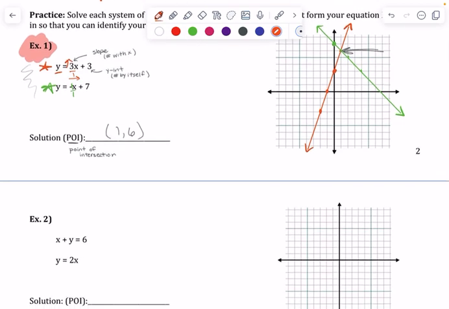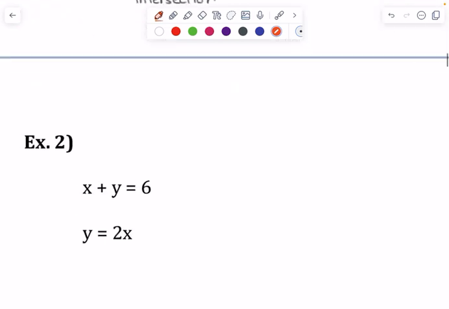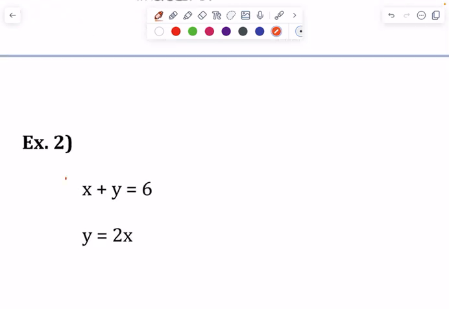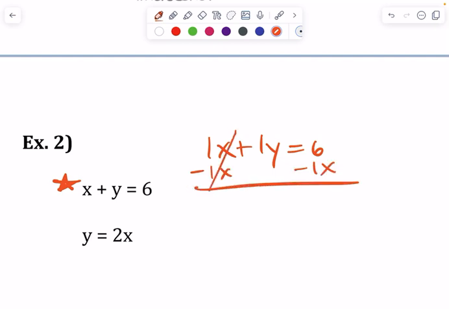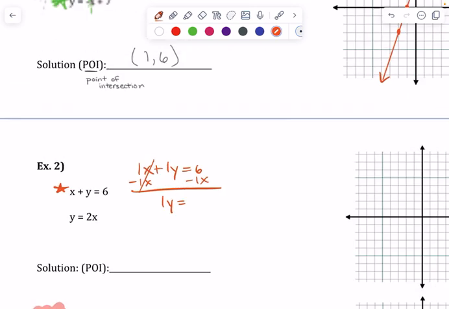So if your equation is not solved for y, you would need to do that. So like in example number 2, this guy does need solved for y. So if I just come over here and rewrite it real quick, and I'm going to put 1s with my x's and y's. We're trying to get the y by itself, so we need to subtract that 1x over. 1y equals 6 minus 1x.